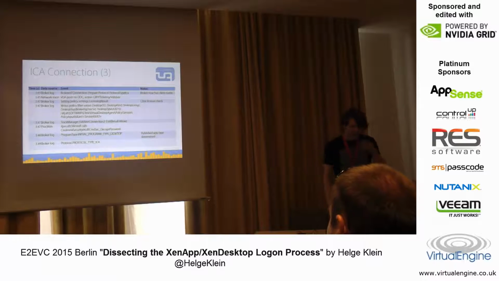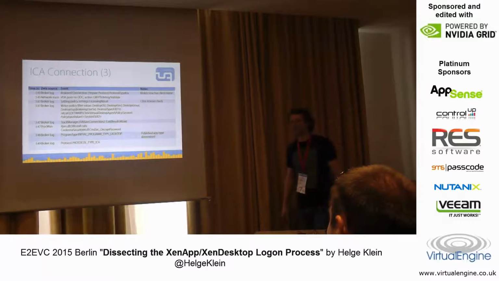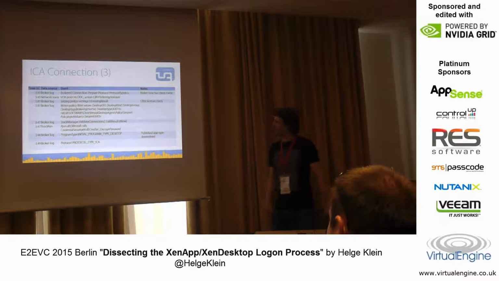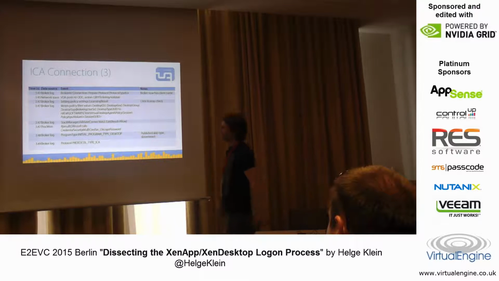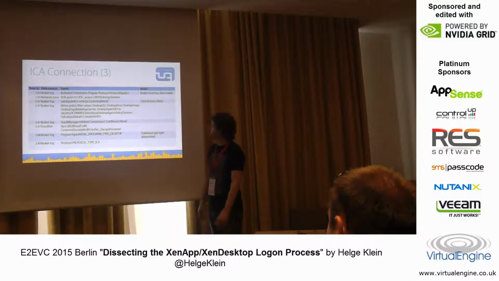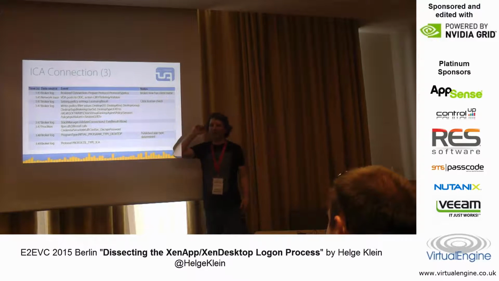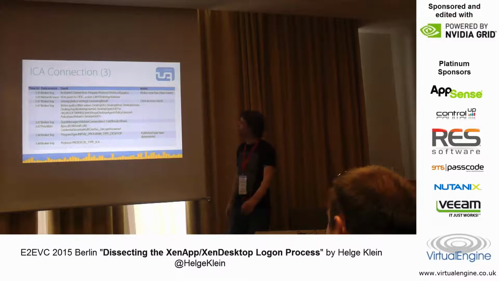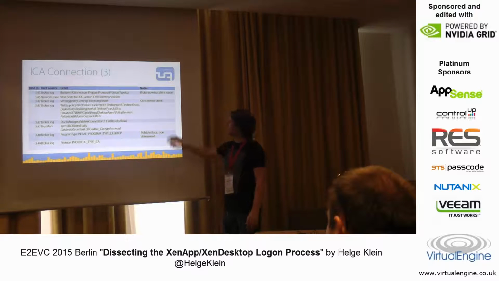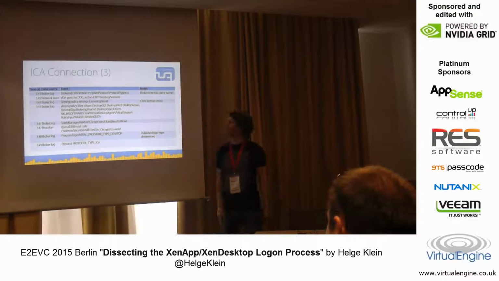Okay, now continuing with that interesting little logon analysis. We're already at about 3.5 seconds into the logon when the broker agent on the machine the user is connecting to gets the client name and then checks the Citrix license.